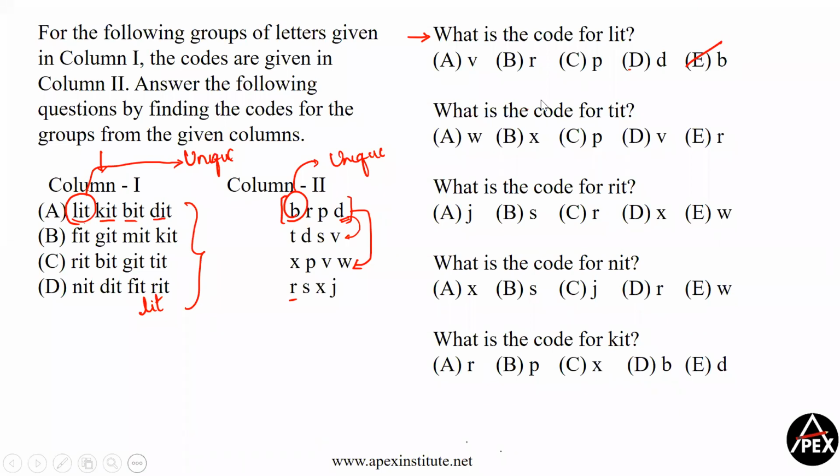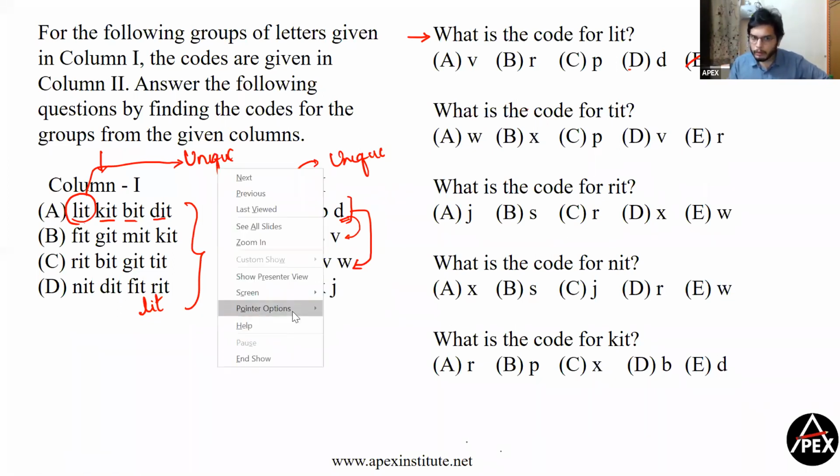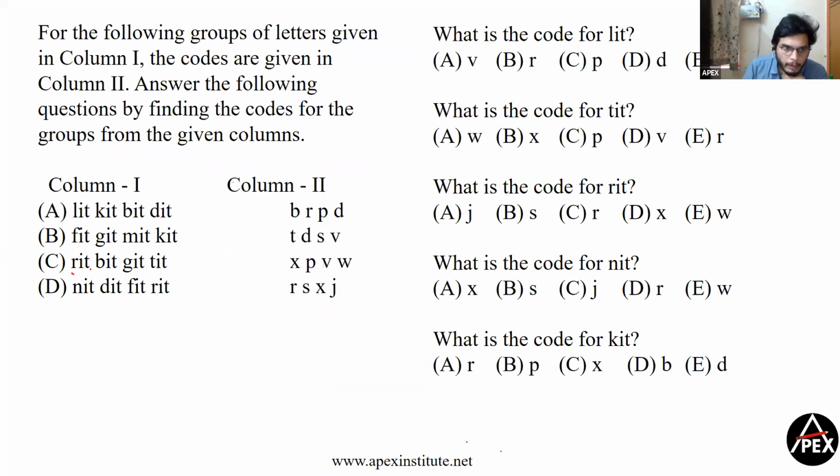Now if we need to find the code for rit, how do I determine it? Rit is common between rows C and D. So we need to find the alphabet which is common between C and D. What is the only alphabet common between C and D?